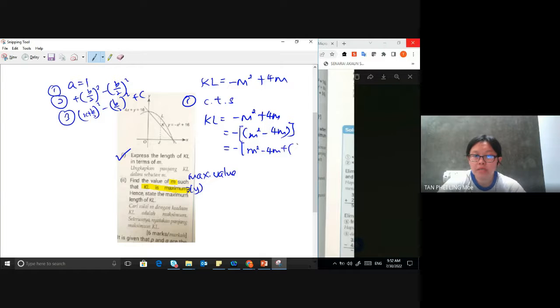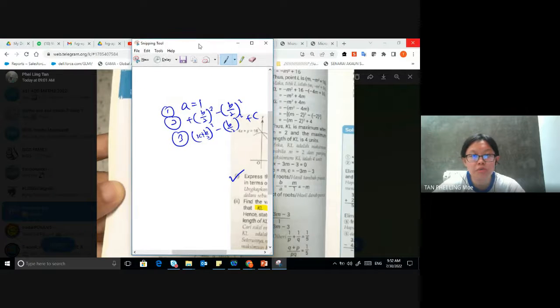Your b squared minus b squared. What's your b? b is minus 4. Do you see that your b is minus 4 here? Take from here. So minus 4 over 2, minus 4 over 2, then close the bracket.